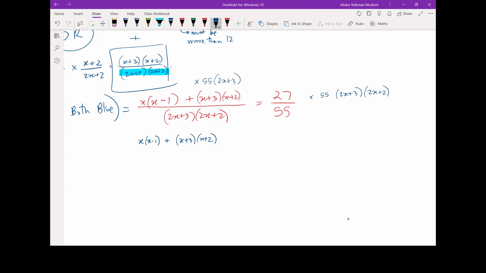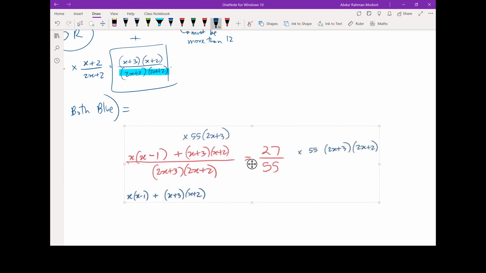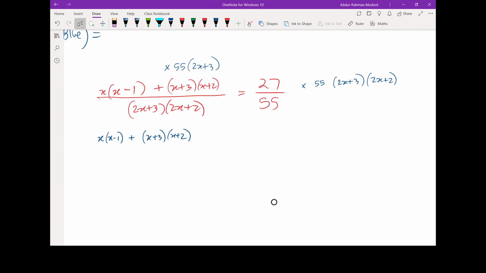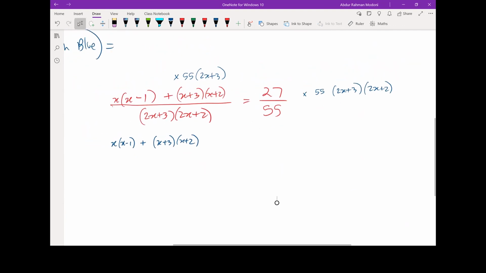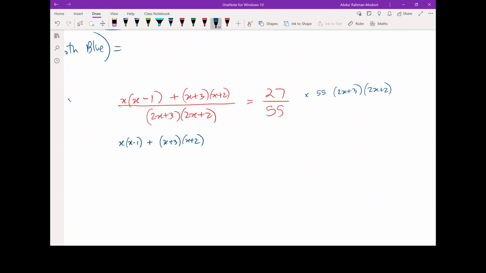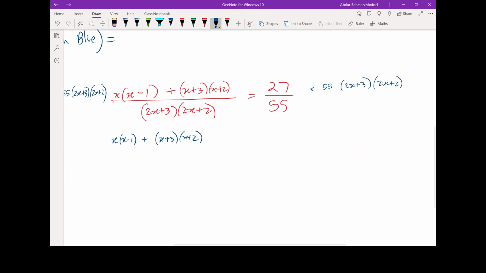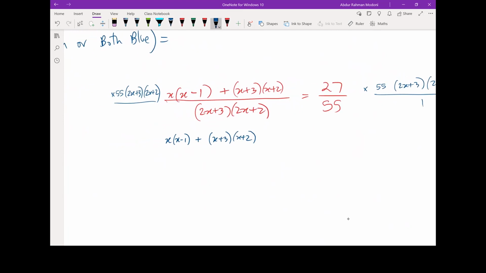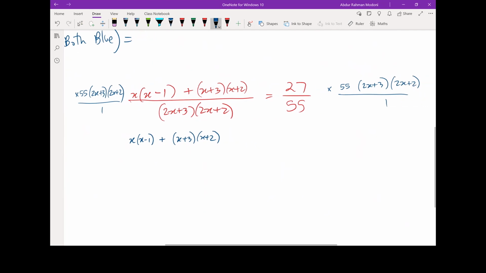Let me just bring that down a bit so you can see what's happening. Write that in front of it here, times by 55 and 2x plus 3 and 2x plus 2. And remember, when we're timesing by that, that's the same as over 1, so we multiply both numerator and denominator by that.